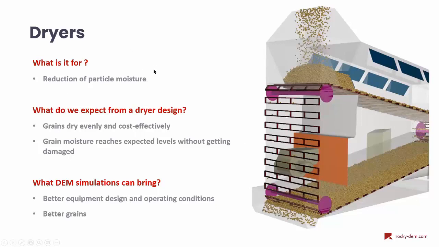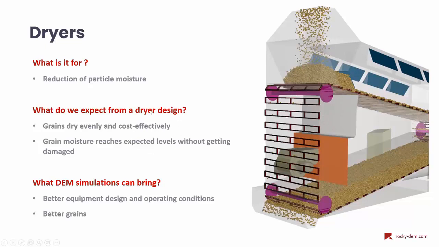So whenever you have a grain or any type of particle that contains moisture, for several reasons, you want to reduce the moisture content of those particles for storage or for better product quality and for any other reason. And this is when you require equipment such as this one shown here in this right-hand side figure.